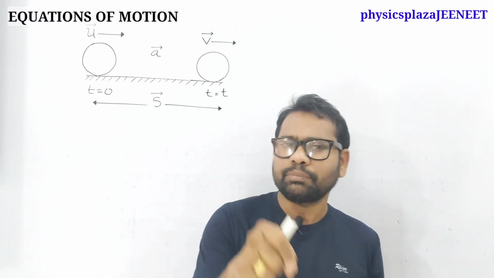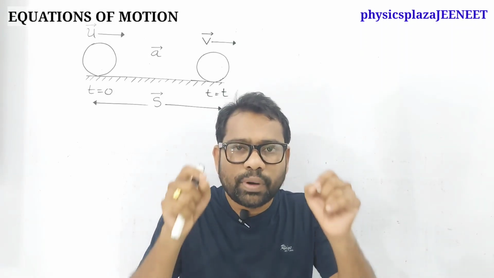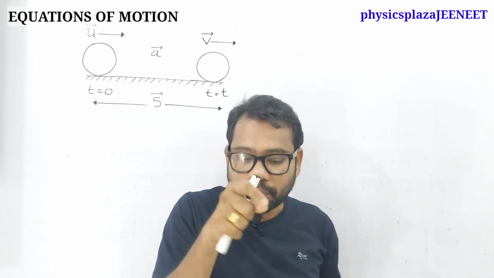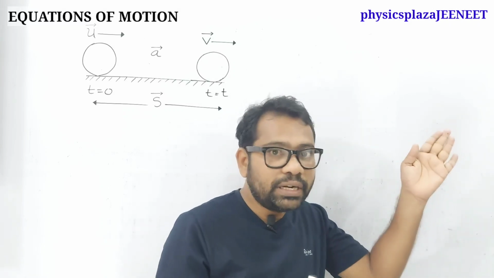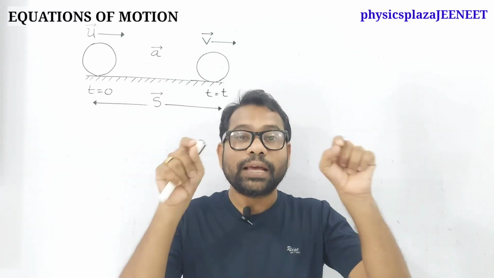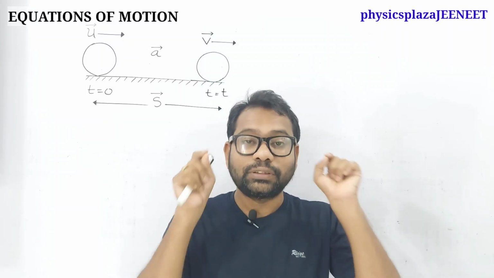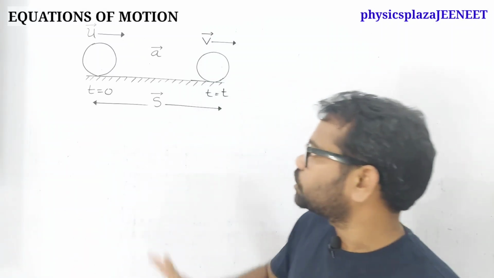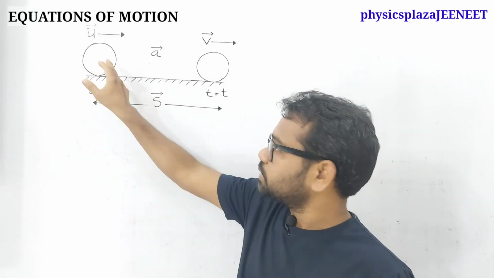Okay, fine. And one more important thing is that the moment when we start observing the motion of an object, it is already in motion. As it is already in motion, obviously it has some initial velocity. So this is the situation which we are going to assume. Look here, children. Here is an object.